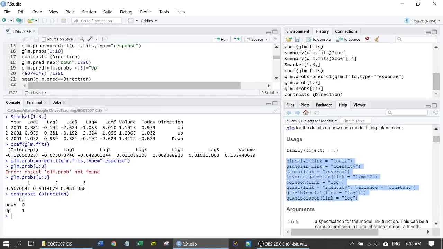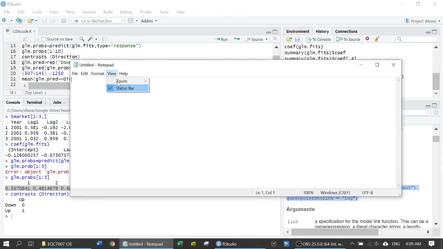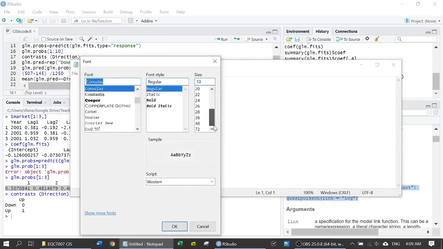Next, this can be a little bit confusing, but just bear with me for a while. What we are going to do next is, we have this probability and we want to classify it, which means that for this exercise, for now, we're going to use a threshold value of 0.5.